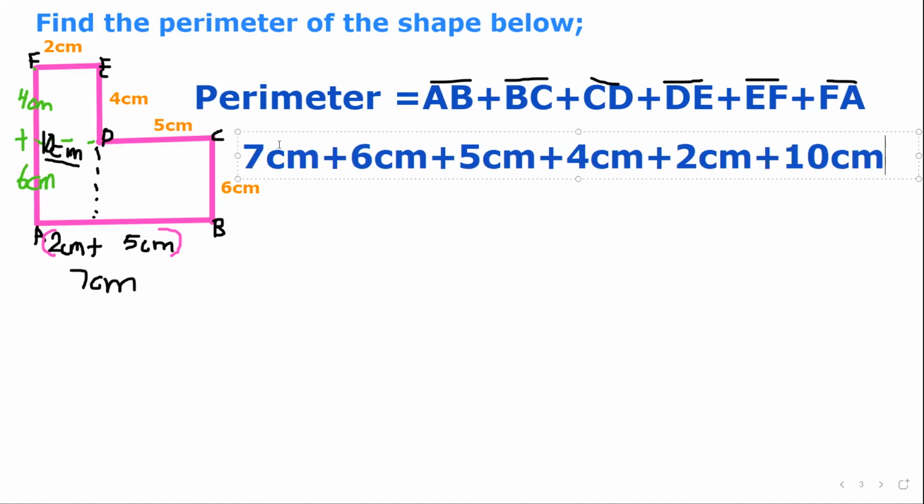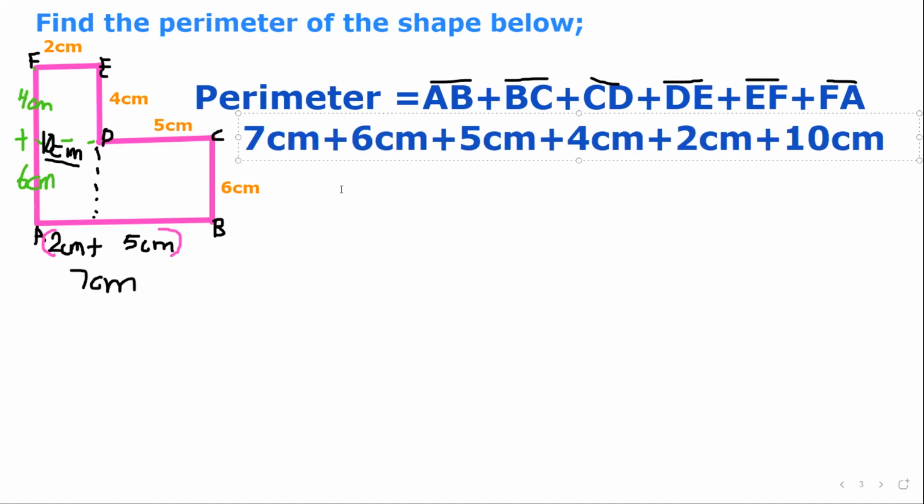So that is the 7 centimeters and that. So let's count and check whether what we have stated is not understated or overstated here. So we have 1, 2, 3, 4, 5, 6. That's the same 6. Okay, good. Then let's add them.